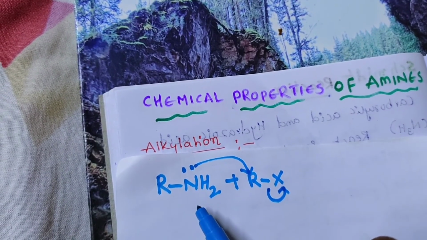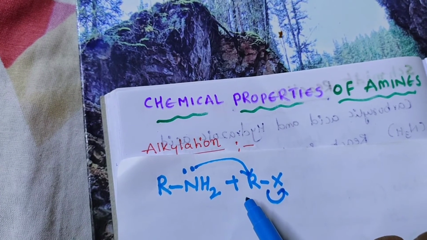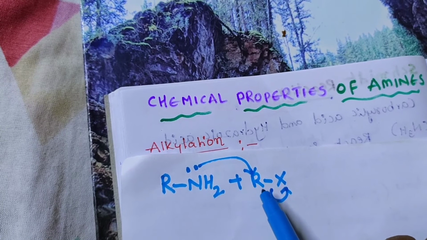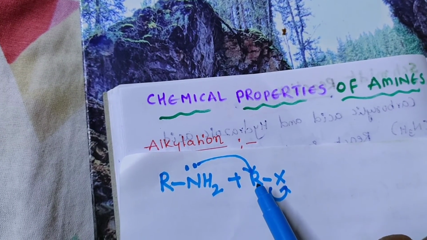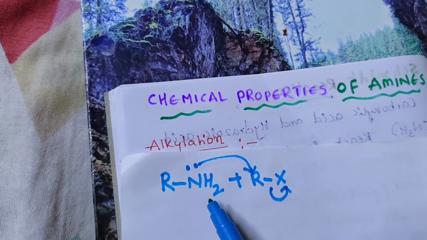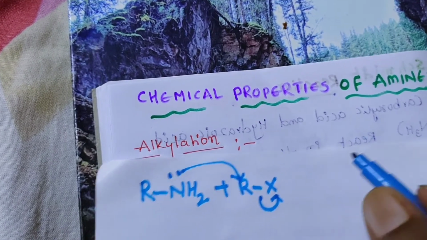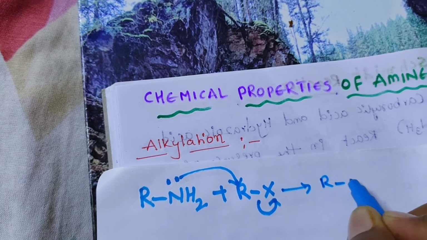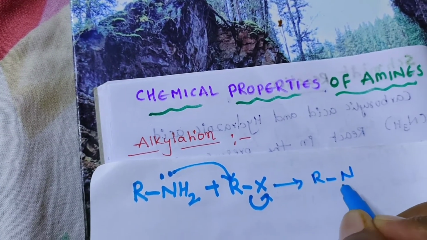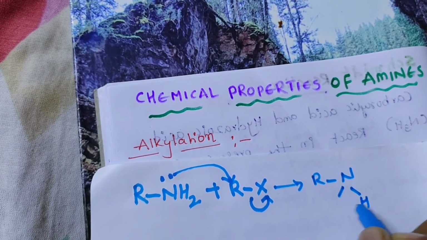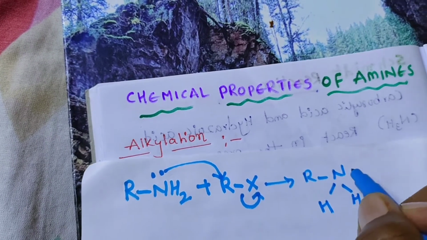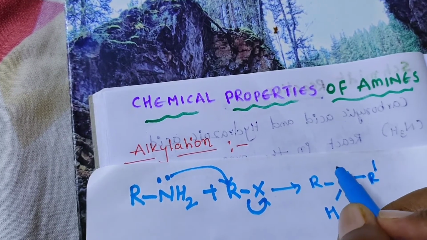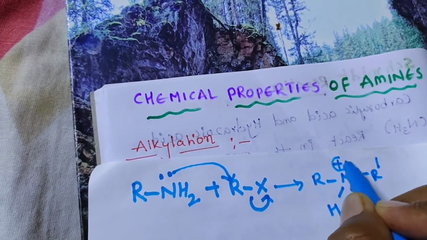So the primary amine reacts with alkyl halide. We are just adding one more R to the nitrogen atom. Now we have R and nitrogen, and also hydrogens, and R, and nitrogen has a positive charge.